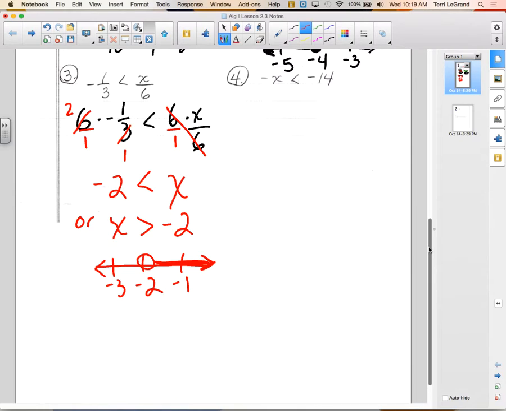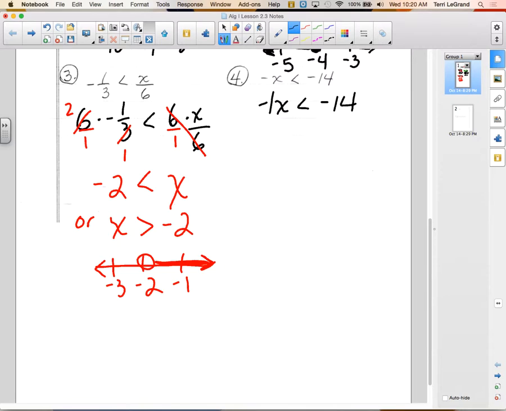Negative x is less than negative 14. What do we have to do? Okay, well, what's really happening with that x? If it's a negative x, it's being multiplied by negative 1. In reality, we could say this is really negative 1x is less than negative 14. And what do we do when x is being multiplied by a negative 1?